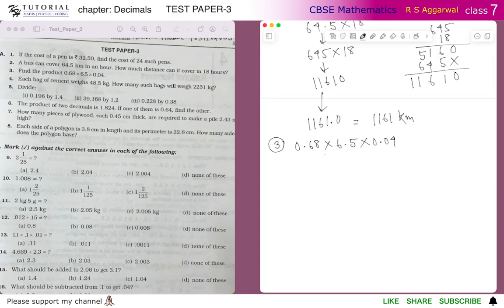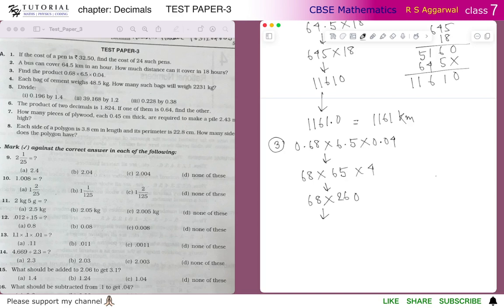So let's first omit all the decimal points and find the product of the decimal numbers as whole numbers. So we have to find this. Now this is 68 multiplied by, if we do the multiplication of 65 into 4 first, we get 260.